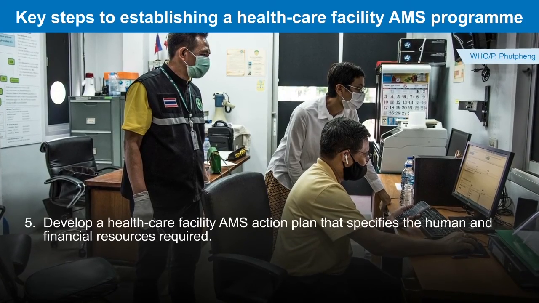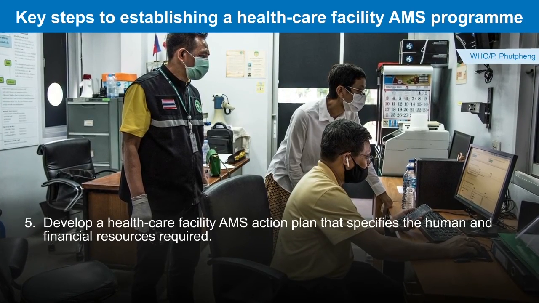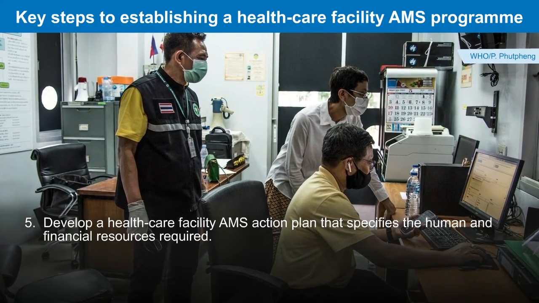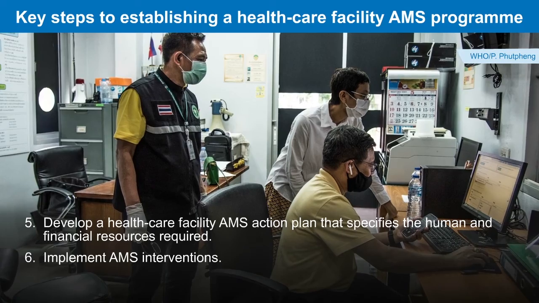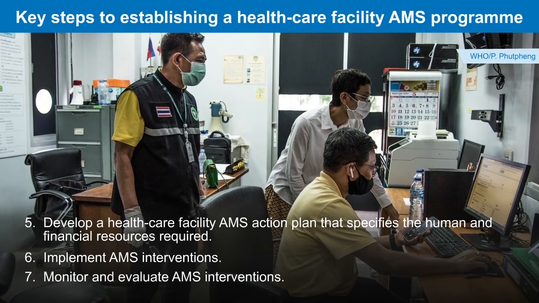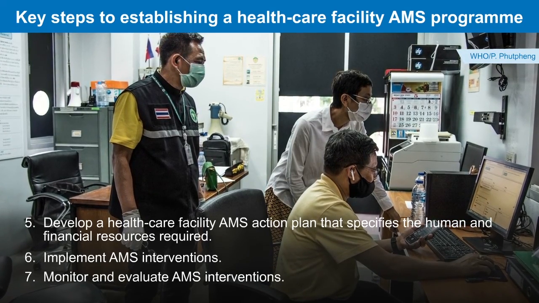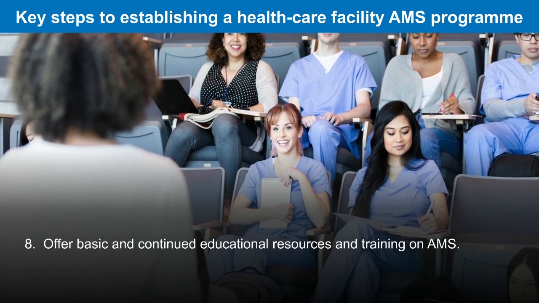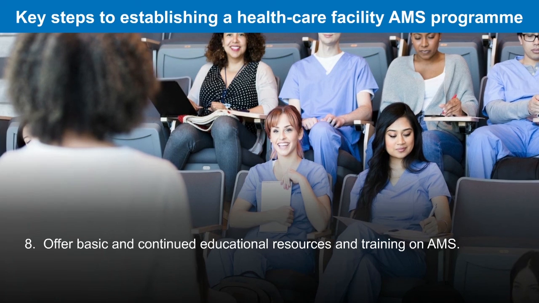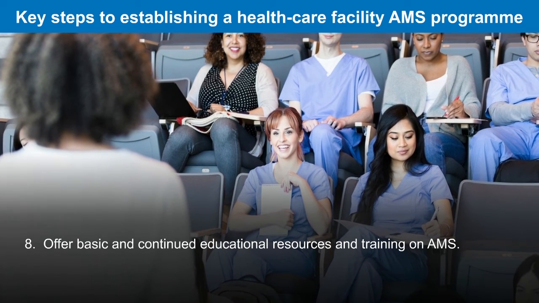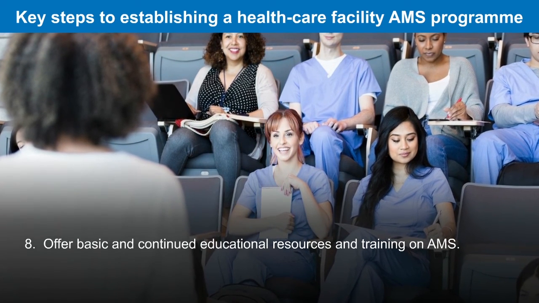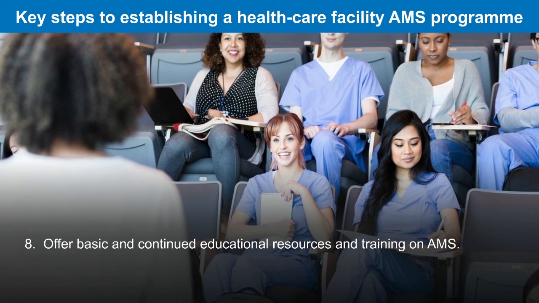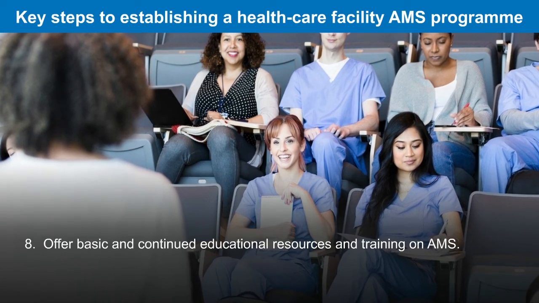The next steps are to develop a healthcare facility AMS action plan that specifies the human and financial resources required, the AMS interventions to be implemented, and how to monitor and evaluate the effectiveness of the interventions. Finally, you should also ensure that you offer basic and continued educational resources and training on optimized antibiotic prescribing. Next, we'll go through a case study that illustrates how these steps are implemented in practice.